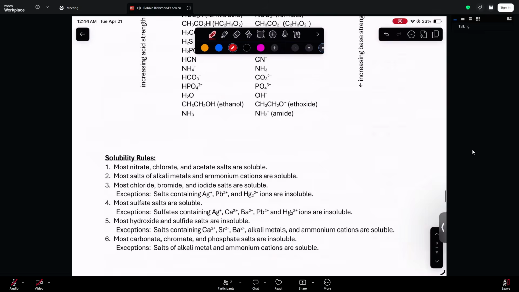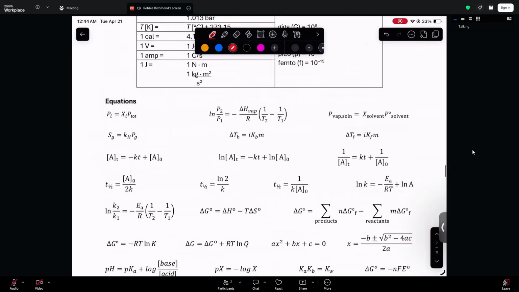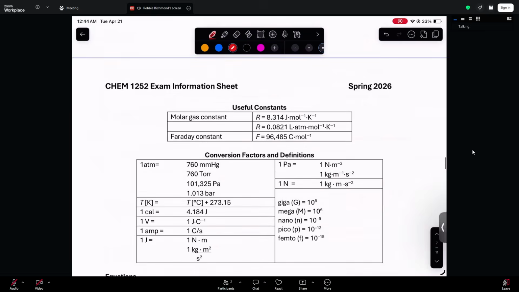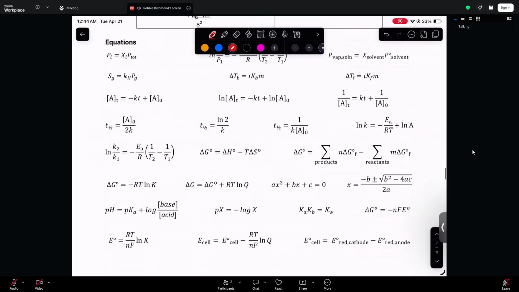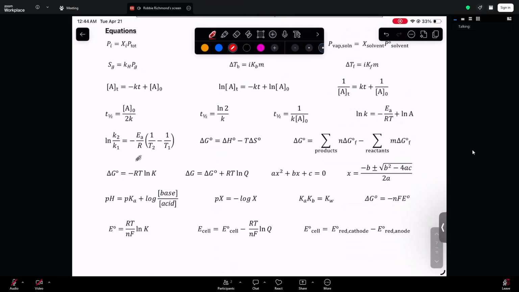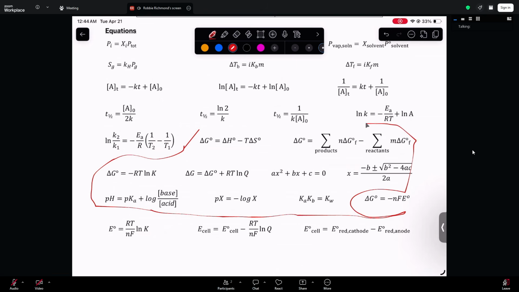And for the actual exam information sheet, I did not really have many annotations that were pretty significant that helped me on the exam. If you want to circle the important equations that we will use in this exam, starting from here all the way, not this one, that's electrochemistry.